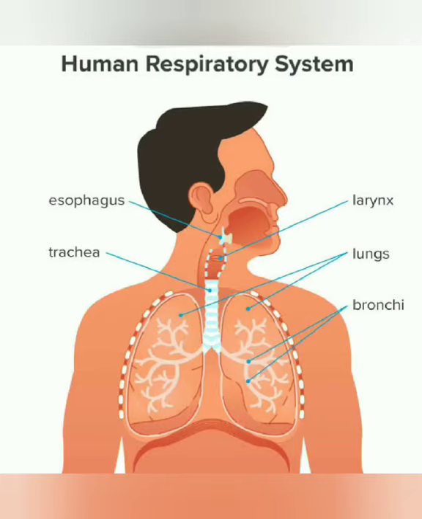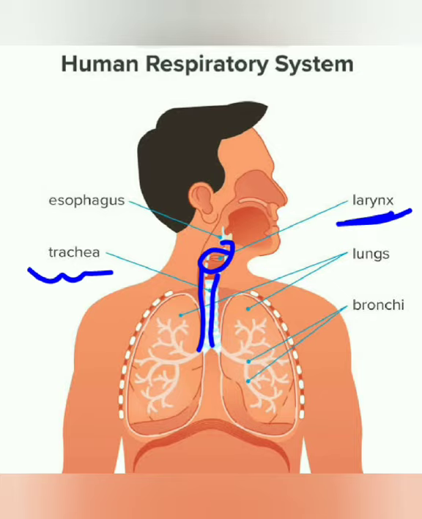Next part is the trachea. The trachea runs down the neck region and above it is a small tube-like structure called the larynx, or we also call it voice box. It has vocal cords to produce sound.